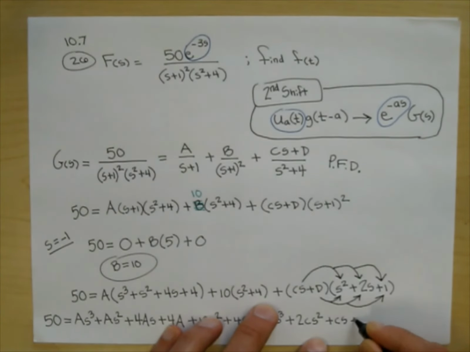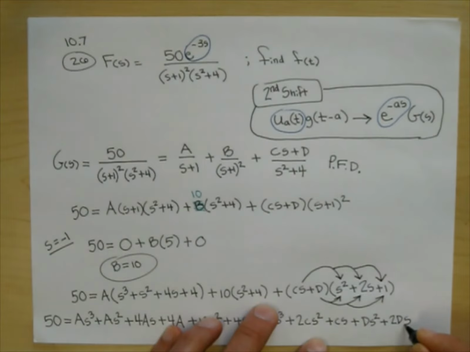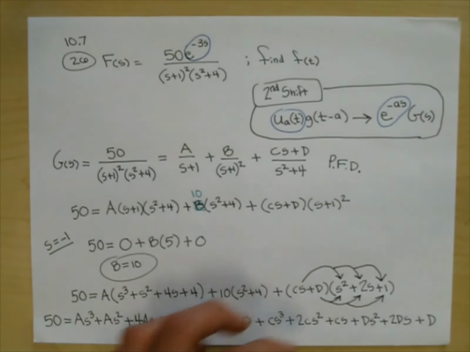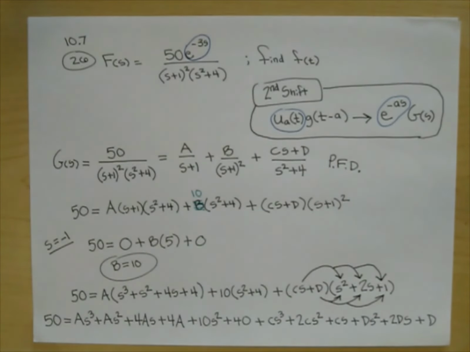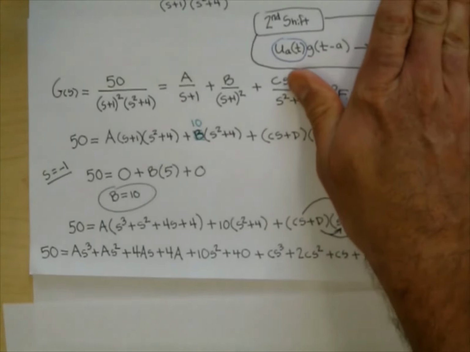And so we have plus ds squared plus 2ds and then plus d. So, good thing that I moved that 50 over here, because look at this. Woo! Okay, so that's a lot of terms. This partial fraction decomposition seems to be a bit of a pain. Could be the worst part of the problem for some of you here. Let's go ahead and get another piece of paper.